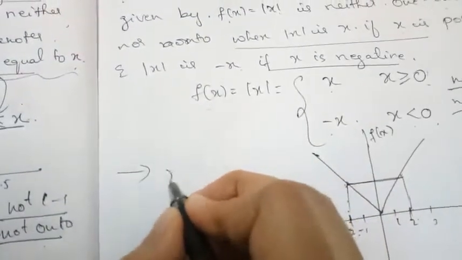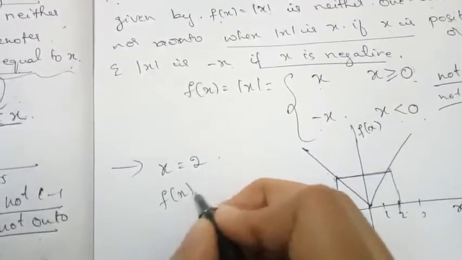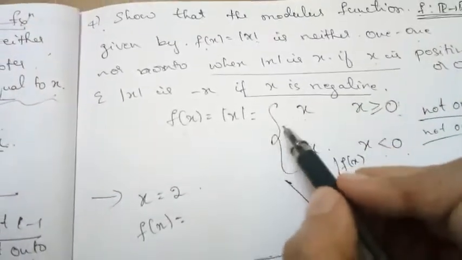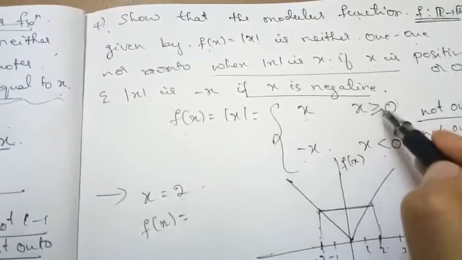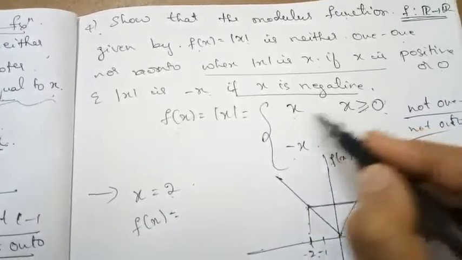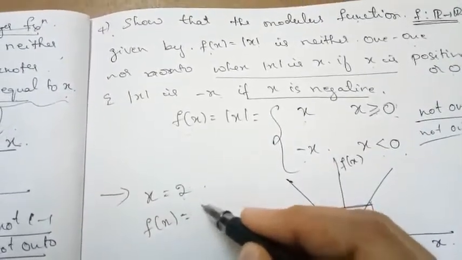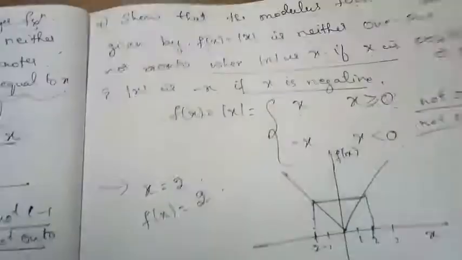For example, if x is equal to 2, what happens to f of x? It has already been split. If x is equal to 2, it is a positive number, so when x is greater than or equal to 0, f of x is equal to x itself. So when x is 2, f of x is 2 itself.